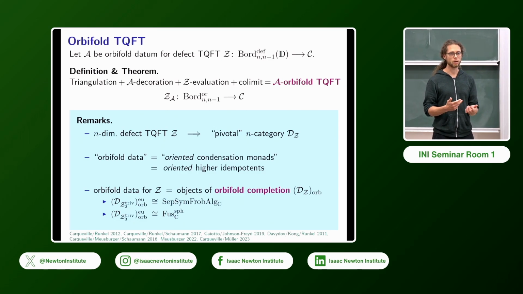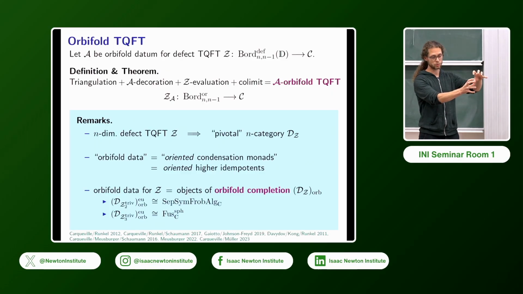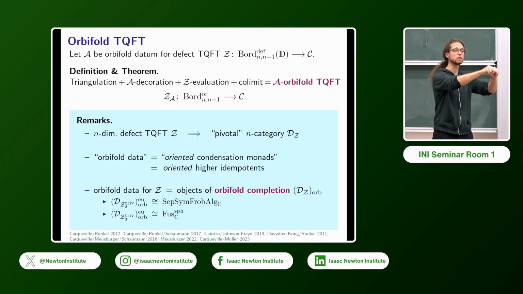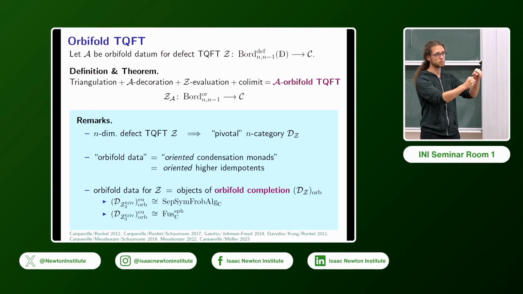And then you ask, what does it mean? What else do you need, besides the fully dualizable object, in order to construct, say, a spin TQFT? There the cobordism hypothesis says that you take the fully dualizable object, and on top of that you need more pieces of data.